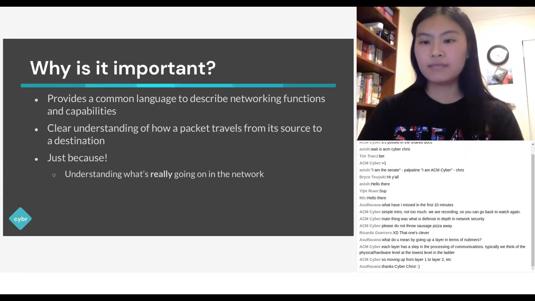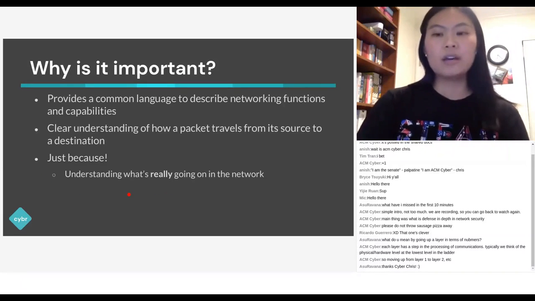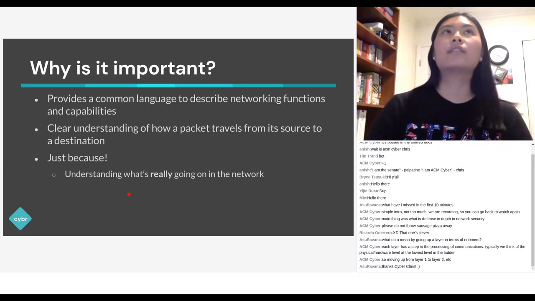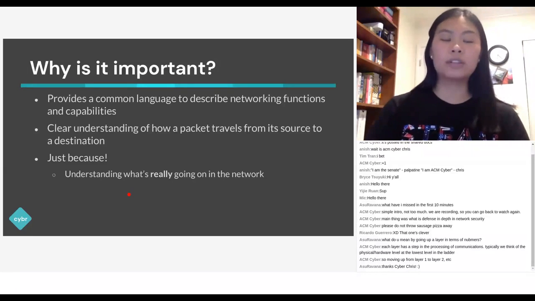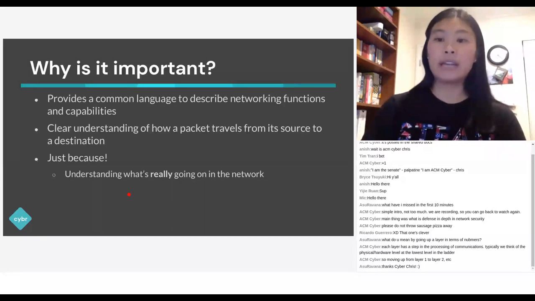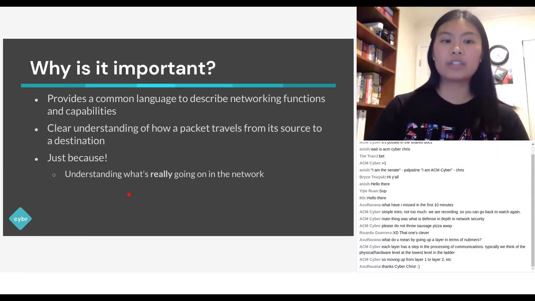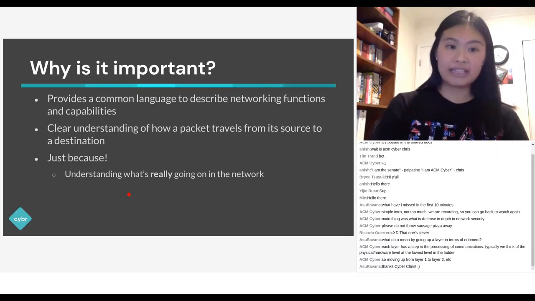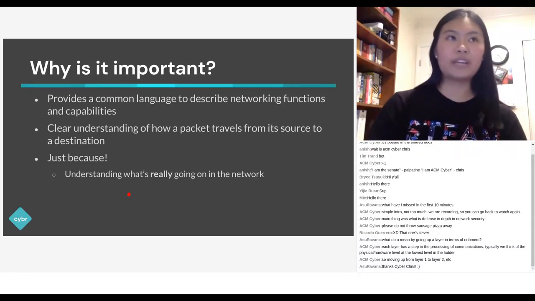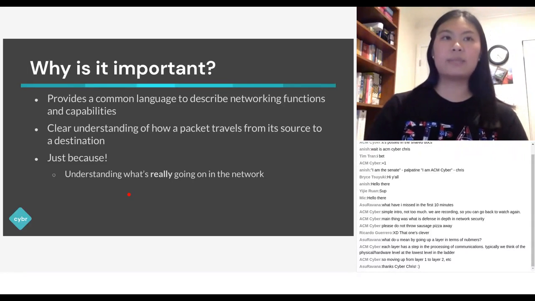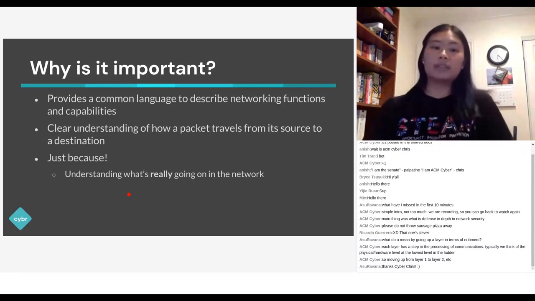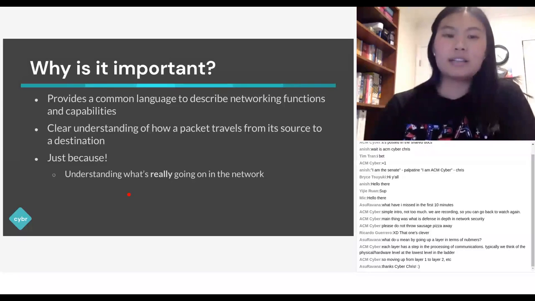It's also important for understanding what's really going on on the internet, because there are a lot of vulnerabilities that can happen. For example, if you're using a network analysis tool, you can find transfers that are done in plain text, so an intruder can read the data packets and find, for example, your password or username.